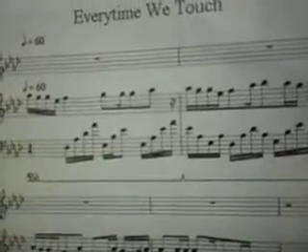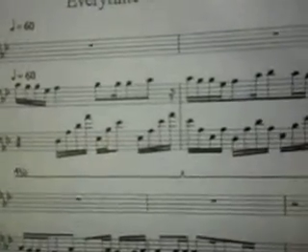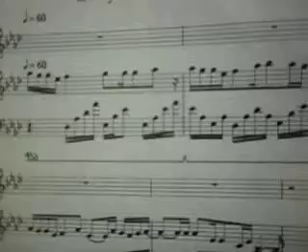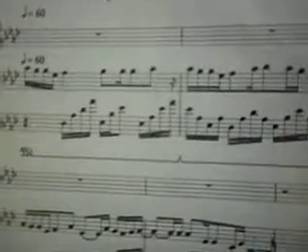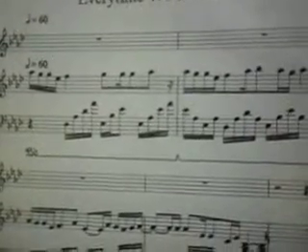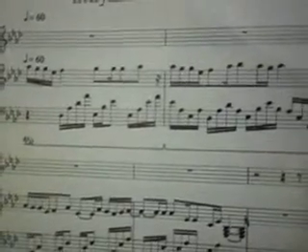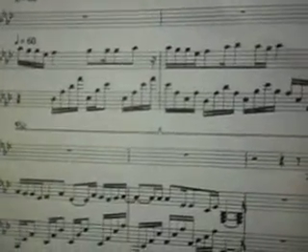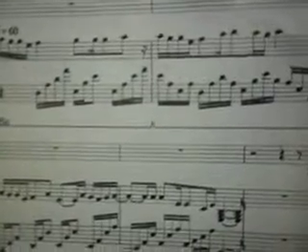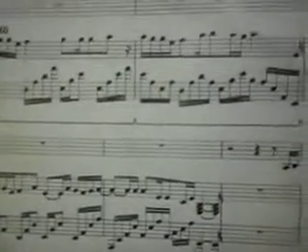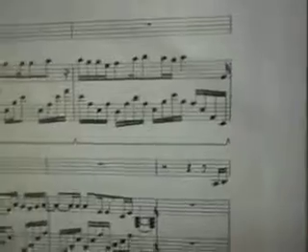So it goes D flat, A flat, D flat, to E flat, B flat, E flat, to F, C, F. Okay, so that whole thing plays like that.